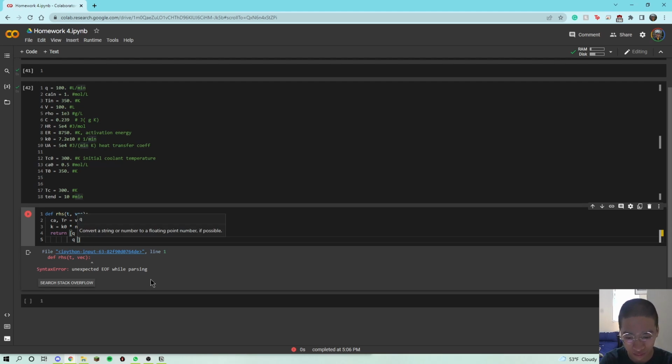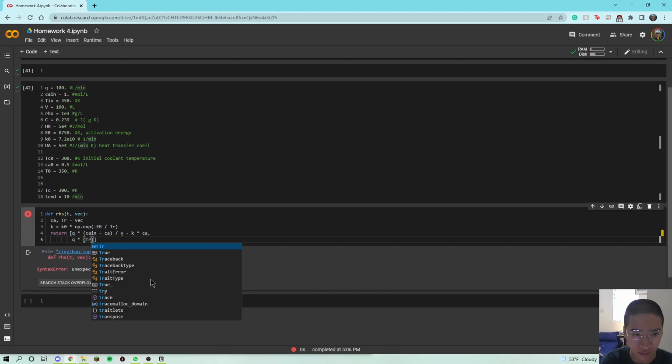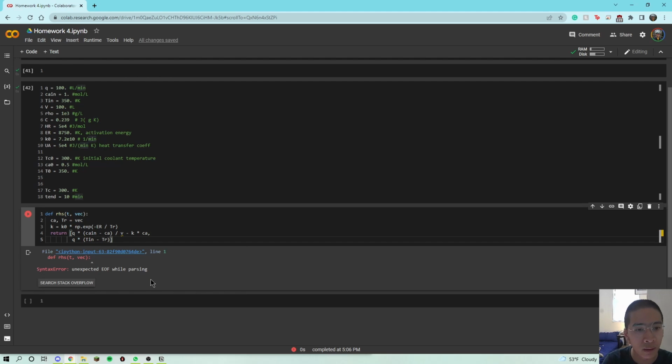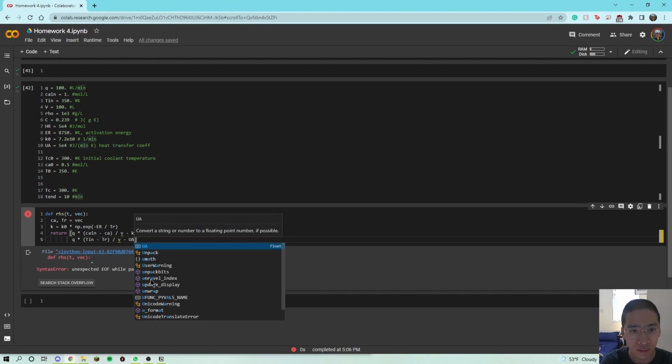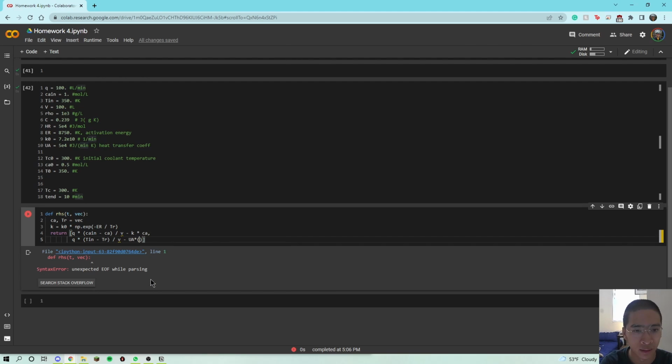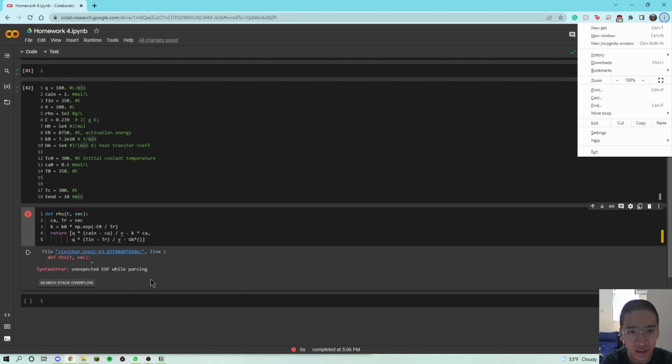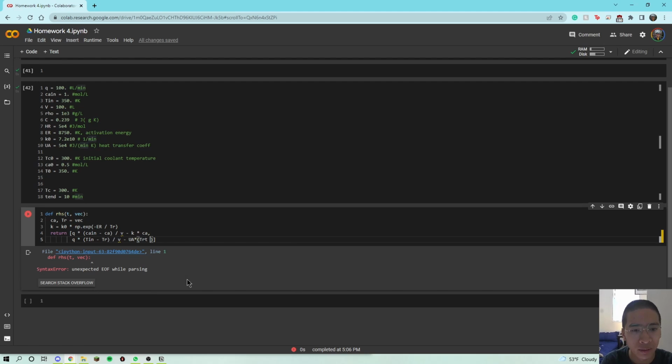And that's going to be Q times the temperature of the reactor going in, which here we'll define as Tn, minus the temperature of the reactor, all over volume, minus UA, which I call the heat transfer conduction factor, something like that, times the difference between the temperature of the reactor and the temperature of the coolant, all over the quantity rho times volume times C, capital C. I am fairly certain that I define it as capital C, yes.